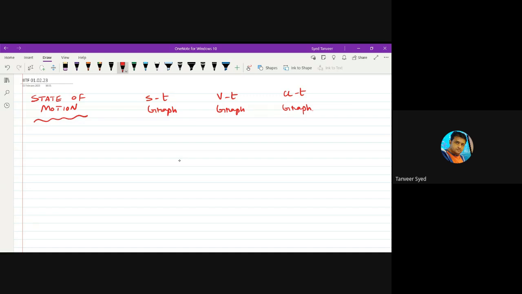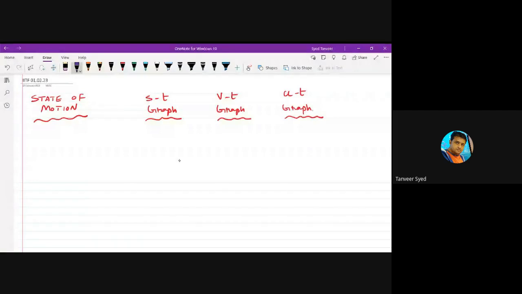So for different states of motion, what will be the displacement time, velocity time, and acceleration time graphs? See, let us take a body moving with constant velocity.